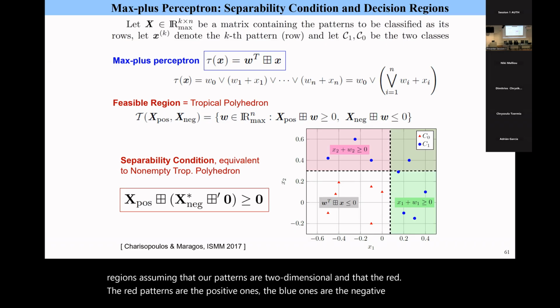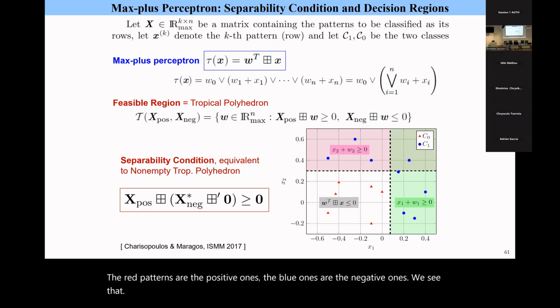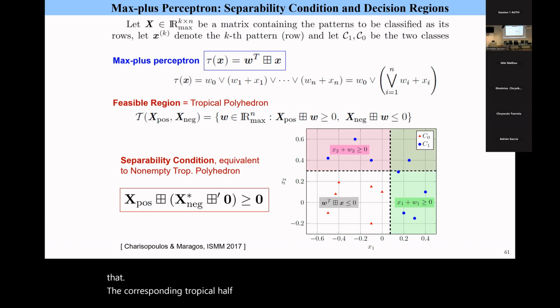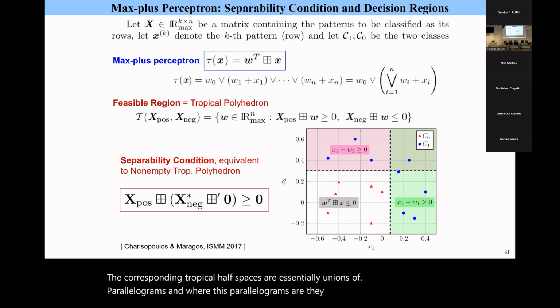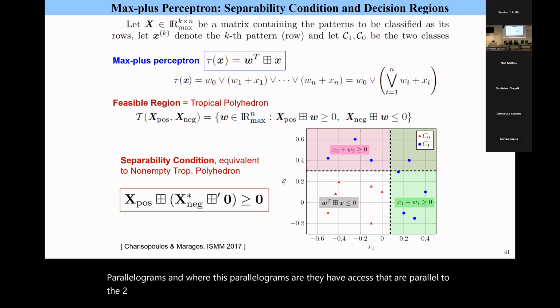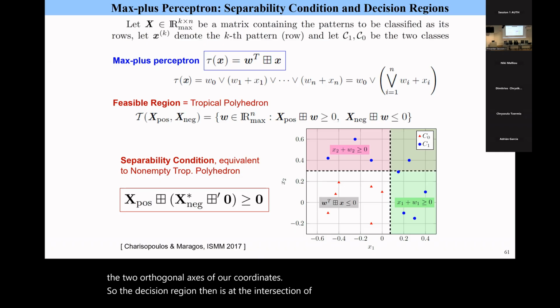We see that the corresponding tropical half spaces are essentially unions of parallelograms, and these parallelograms have axes that are parallel to the two orthogonal axes of our coordinates. So the decision region then is at the intersection of such orthogonal parallelograms.